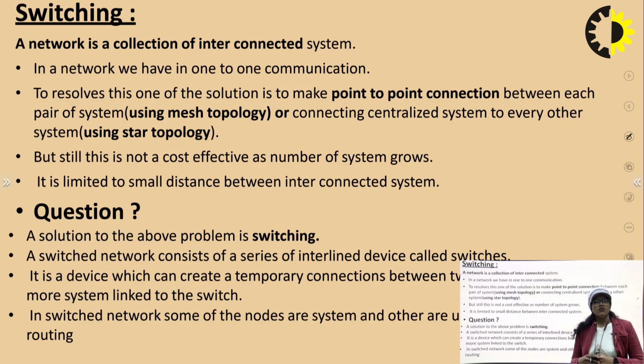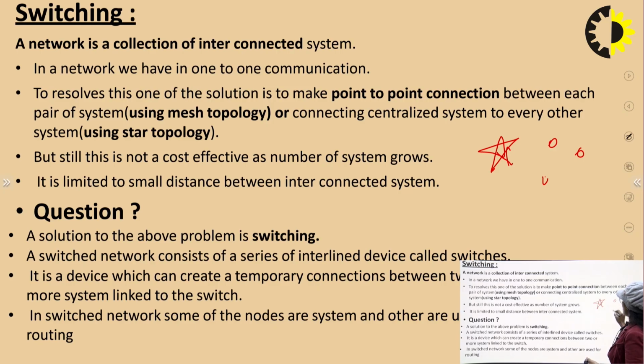To fulfill this requirement of the sender and receiver, we use some kinds of topologies, the mesh topology and star topology, because in the mesh topology you have more than one device. This is the approach of the star topology, and this is the approach of the mesh topology.